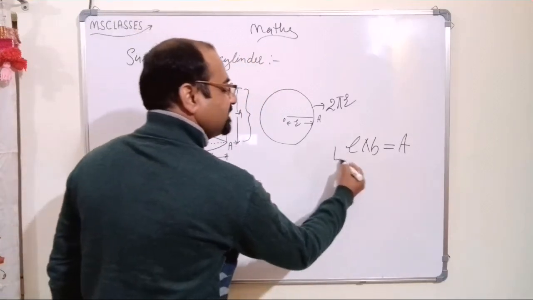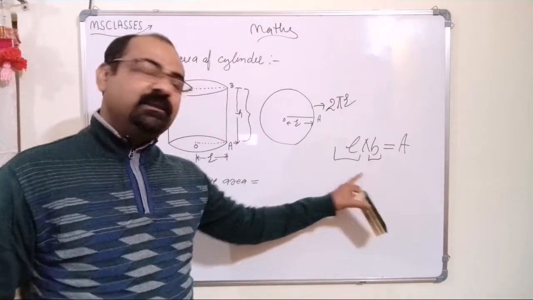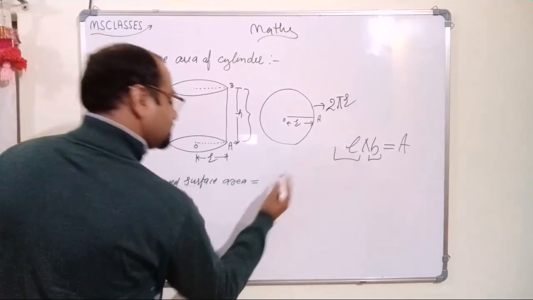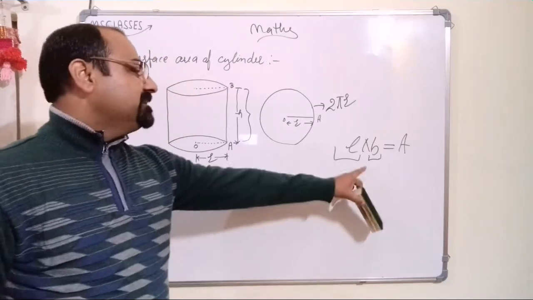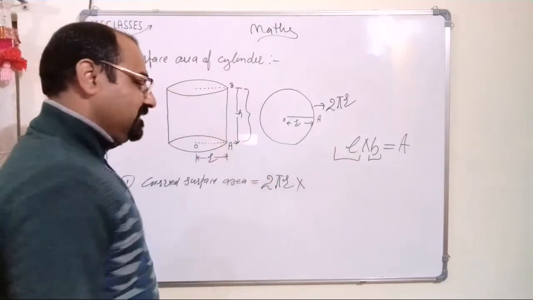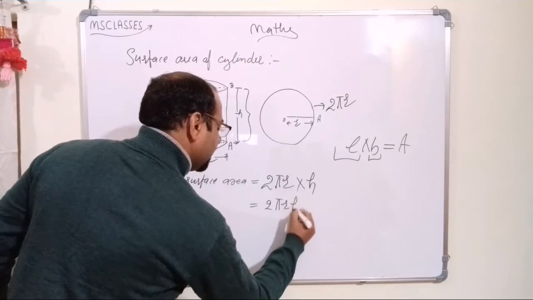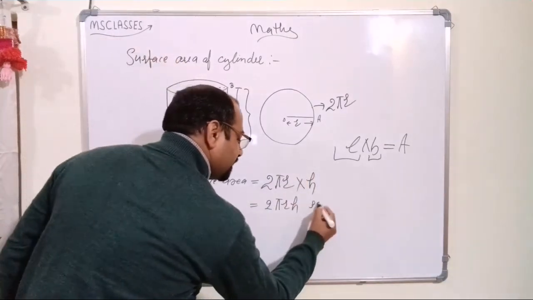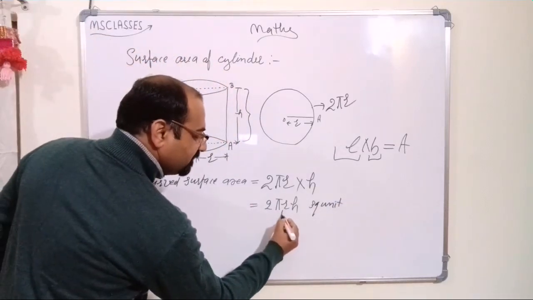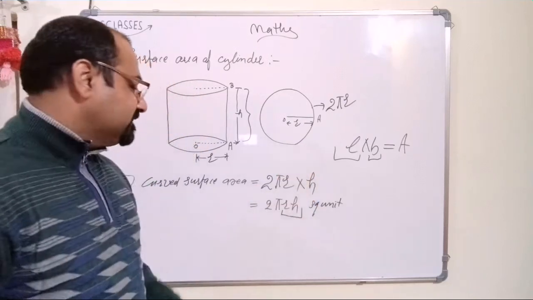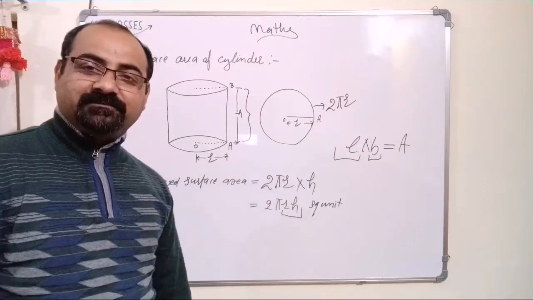So length means the circumference of the circle, 2 pi r, and breadth means the height of the cylinder, h. So this is 2 pi r h and the unit is square unit. This is the curved surface area of a cylinder.